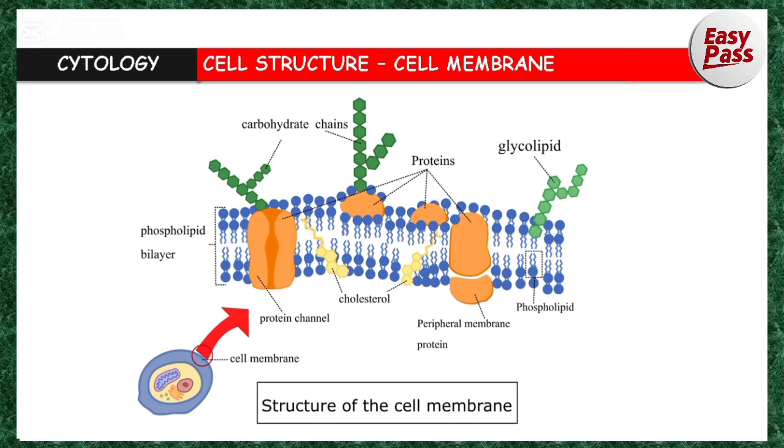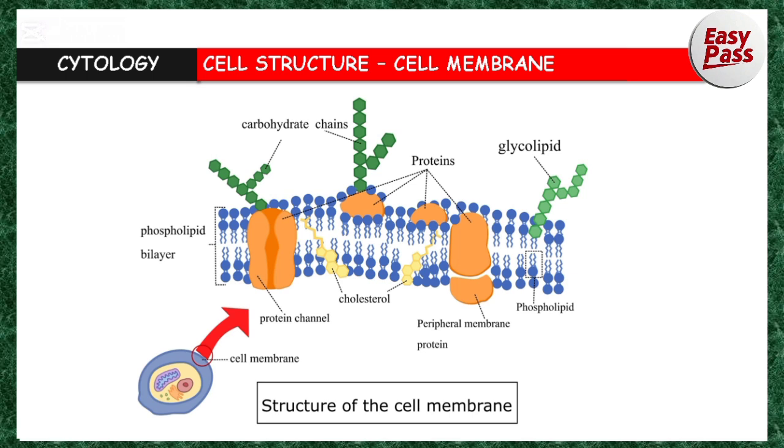Just to mention a few of the functions of the cell membrane, let me go through again. The cell membrane helps in giving compartments for the cell internal environment. It also controls the movement of materials in and out of the cell. It also helps the cell to have its identity, and gives the cell its recognition.